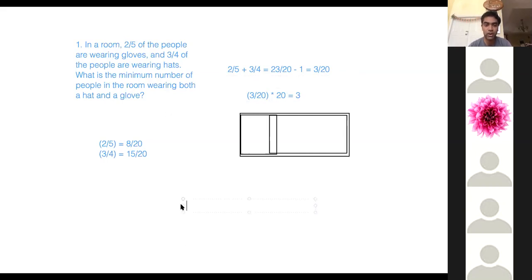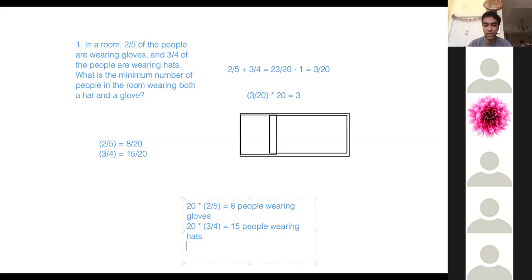And let's think about what that would be. So if I had a room of 20 people, 2/5 of them are wearing gloves. So that's 8 people wearing gloves. Then 20 times 3/4 gives us 15 people wearing hats.